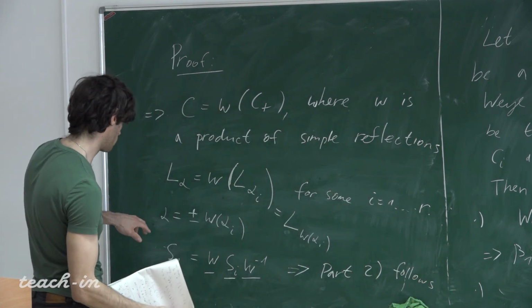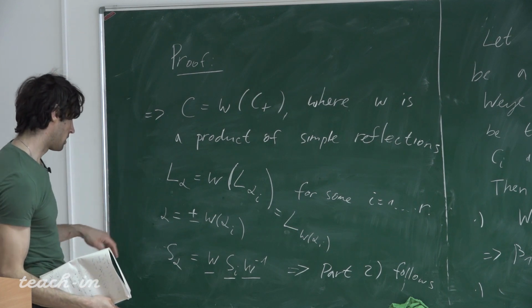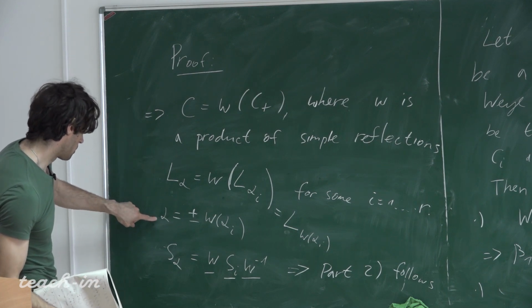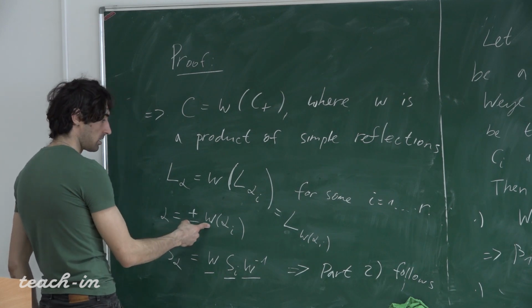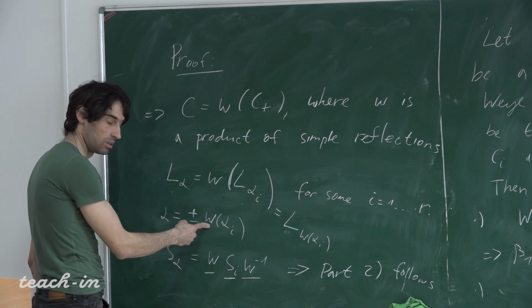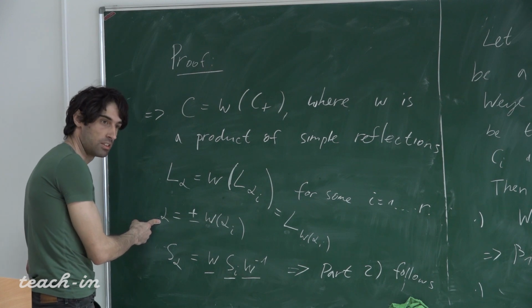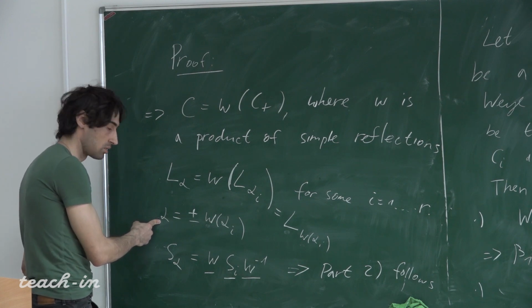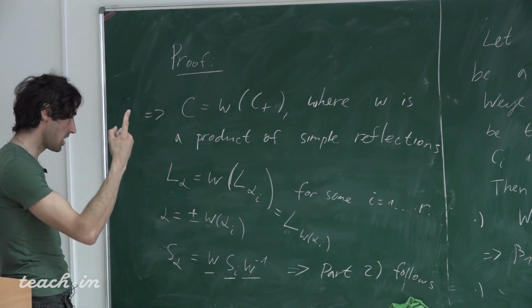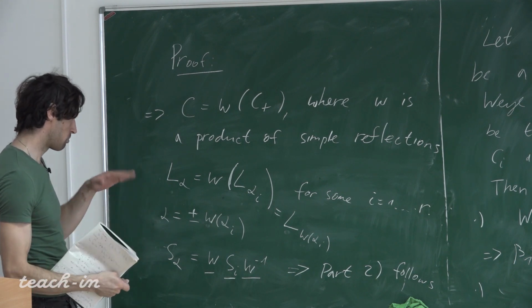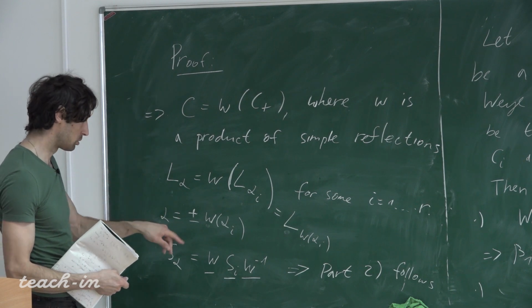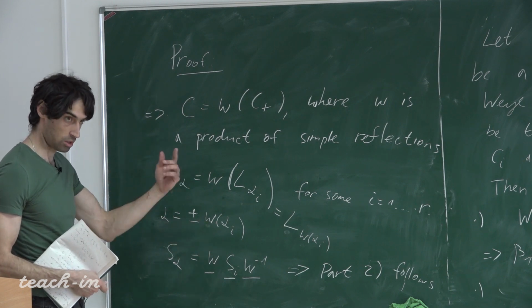Okay, so now how to get part 1? Well, by applying some simple reflections, you get plus or minus alpha, right? So part 1 says that any element of R can be given by applying elements of Weyl group to elements of pi, right?